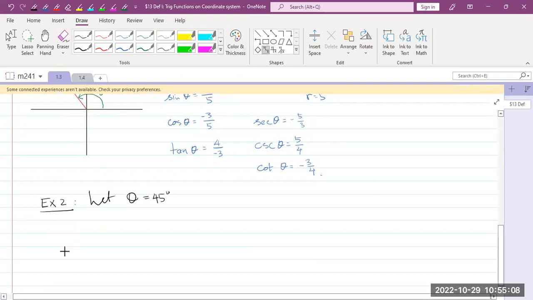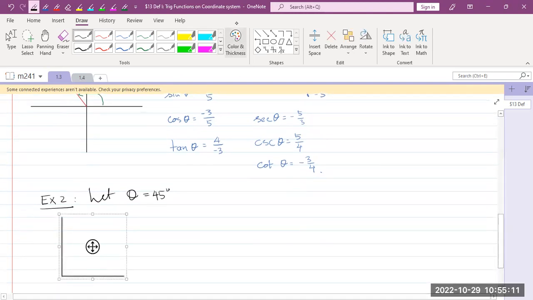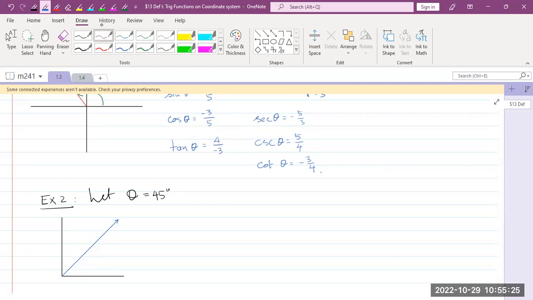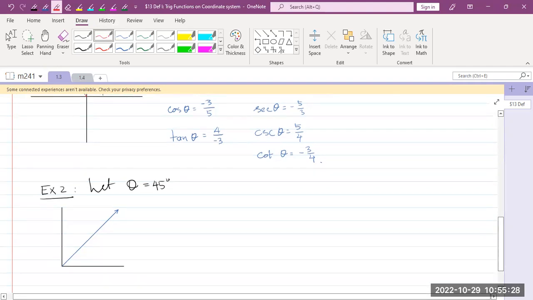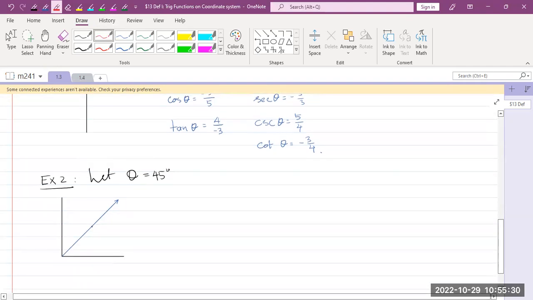So we know 45 degrees is in the first quadrant. Actually, that's a line with slope 1 passing through the origin. Now what you do is choose any coordinates on this line. The easiest one, of course, is 1, 1. But you can also choose, for example, 2, 2, any coordinates, as long as it's not the origin.